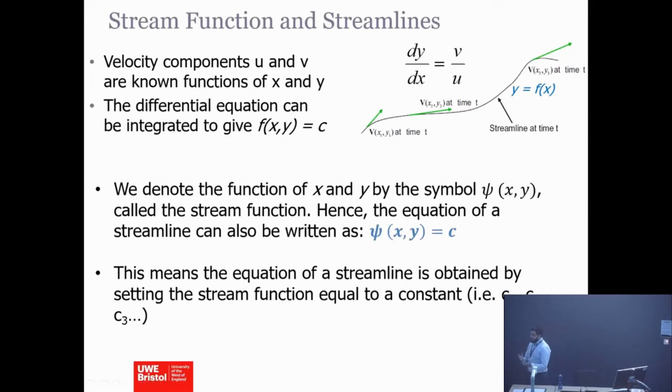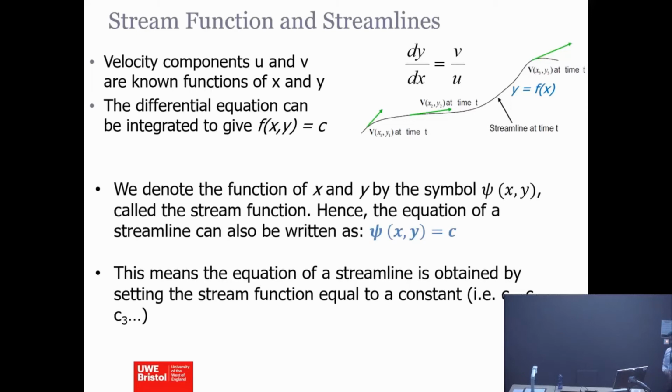So immediately now, you guys can define your streamline in two ways. Either by the differential equation, dy/dx equals v over u, the velocity components, or in terms of this new thing, the stream function, where the stream function along the streamline is a constant. That's the main thing, okay? How do you define a streamline? You just say, along the streamline, the stream function is constant, all right?